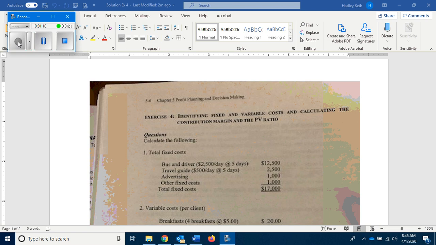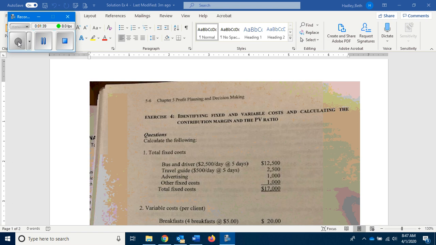So therefore it's $12,500 for the bus driver. Travel guide, 500 per day, 500 times your 5 days, 2,500. Advertising is a flat amount, so it's just $1,000. Meals, that's per client, so that is your variable.